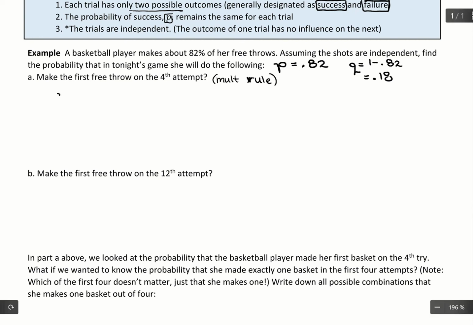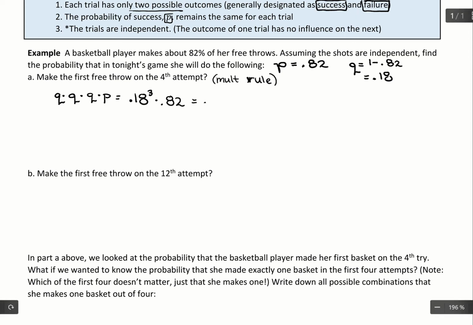So it's failure times failure times failure times success. So it's the idea that she misses her first 3 free throws and makes the 4th one. So this multiplication is going to have 0.18 multiplying with itself 3 times. We can write that as 0.18 cubed, using an exponent to shorten that multiplication, times that 0.82 for the probability of success.